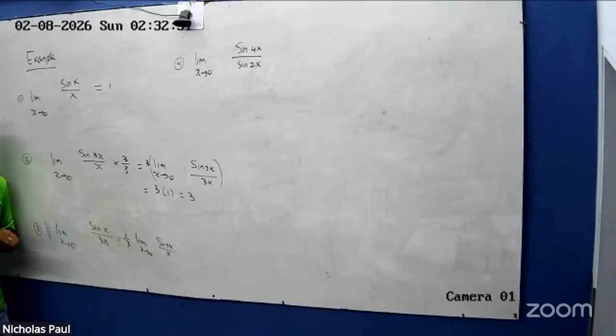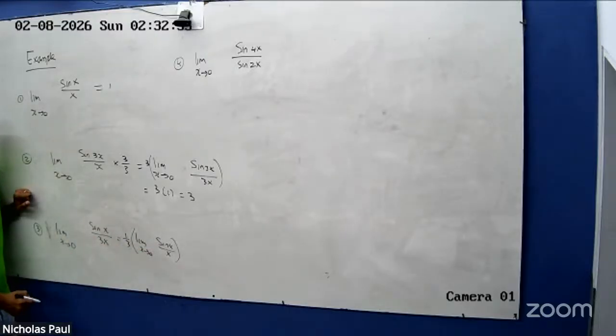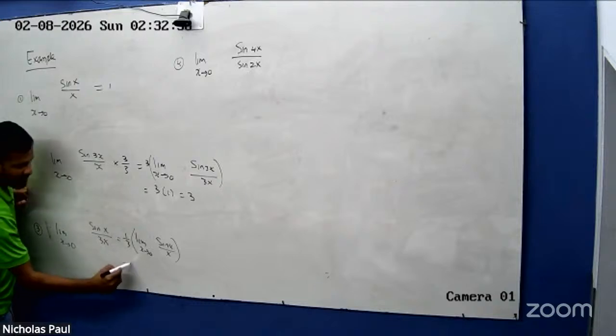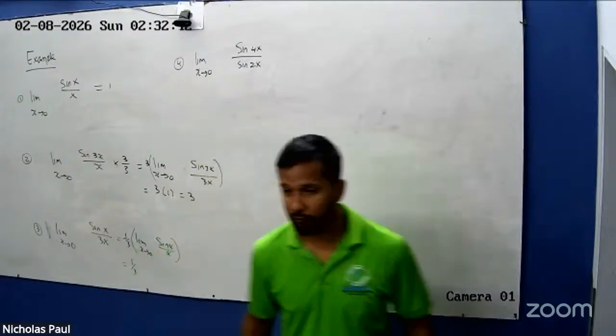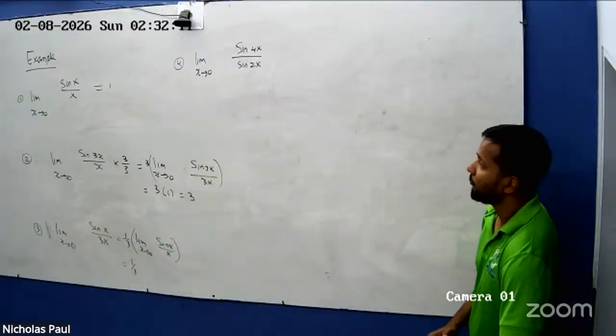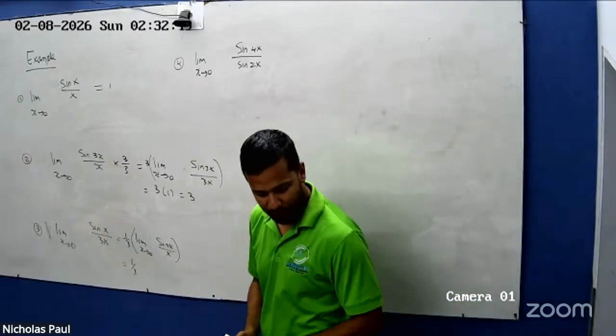That's okay? So when I factor it out, this value here is 1. So the answer is 1/3. What about here? Copy down. Let's come to this one. Let's do it step by step.